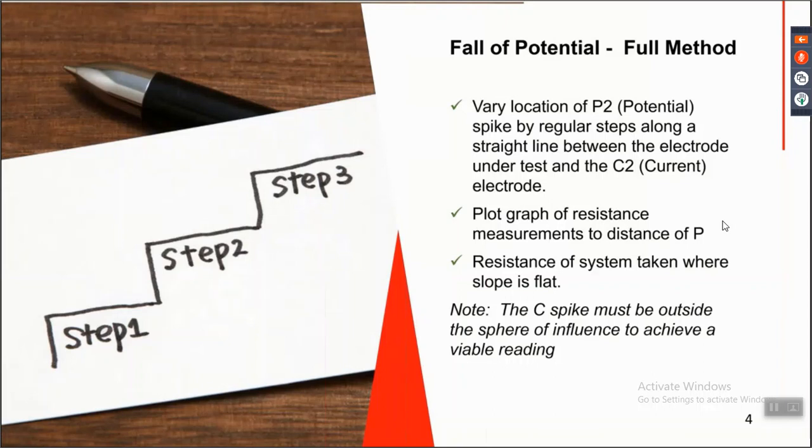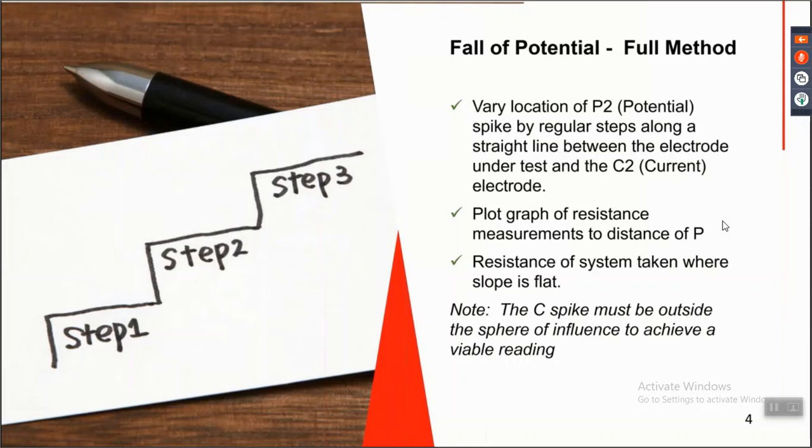And then you can put the potential probe at regular distances, maybe 10%, 20%, 30%, up to the end of the distance to the current probe.